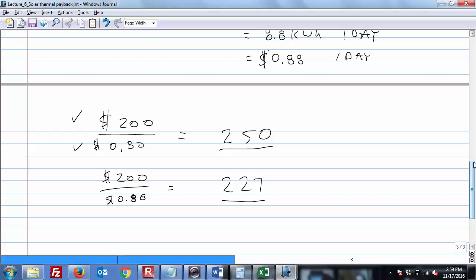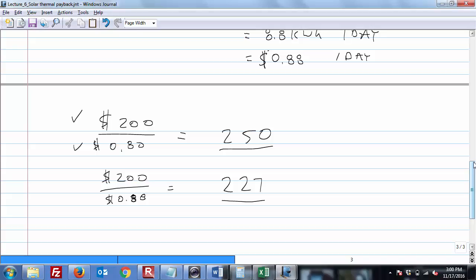Yeah, because in a way, the answers are correct. Because 250 days would be the offset cost, so that's like the savings, how many days it would take to pay back for what you would normally be paying. Right. It's still generating that extra energy or that extra heat. I guess that extra energy, because we didn't really specify, did we, that it was heat? It's heat. Yeah, it's solar thermal. So then the 227, you're still getting that extra money and heat.